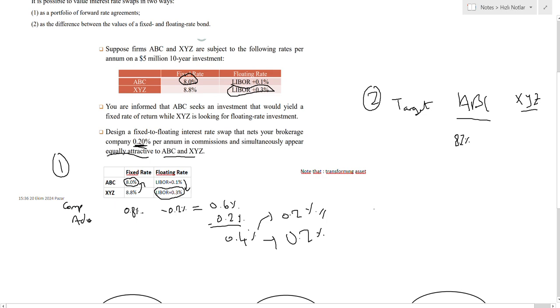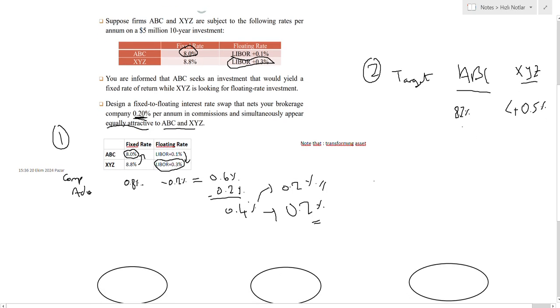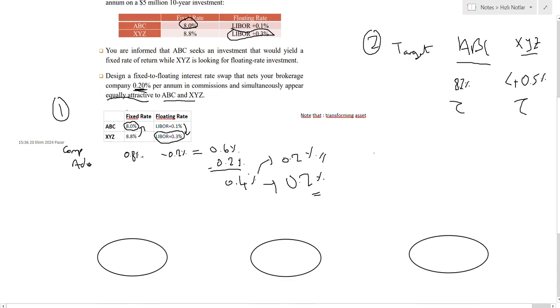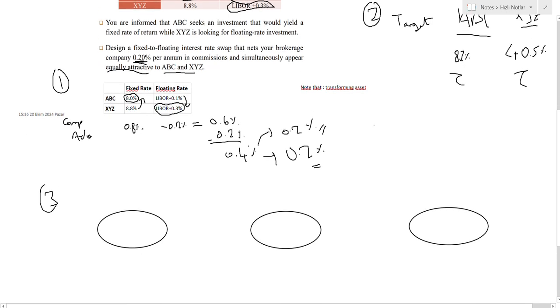Firstly, the question says LIBOR plus 0.3% for the XYZ company, but we find 0.2% advantage. Then we will target LIBOR plus 0.5% for XYZ company. So as you see, we create advantage for ABC company, we create advantage for XYZ company, also we create advantage for our company, which is in the question the brokerage company. And this will be the third step to create the design of a swap.